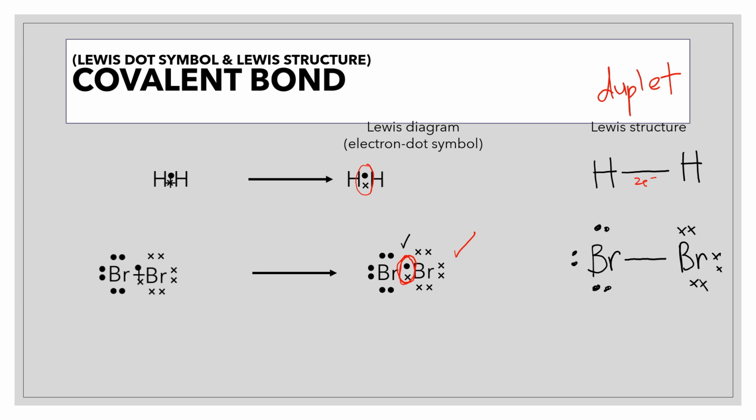So di sini we can see that this bromine now telah pun mencapai octet stability. Okay, kenapa octet? So satu bonding here represent sebanyak 2 elektron. So 2, 4, 6, 8. So this bromine has achieved octet stability, and for this bromine as well telah mencapai sebanyak 2, 4, 6, 8 elektron. So this bromine juga telah pun mencapai octet stability.